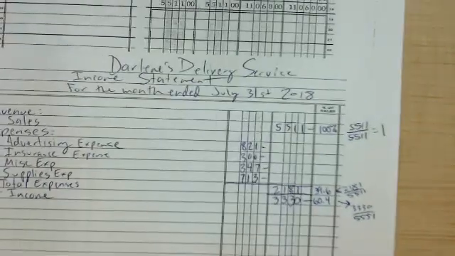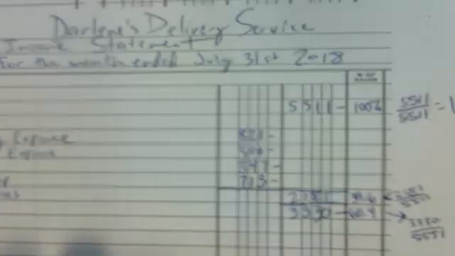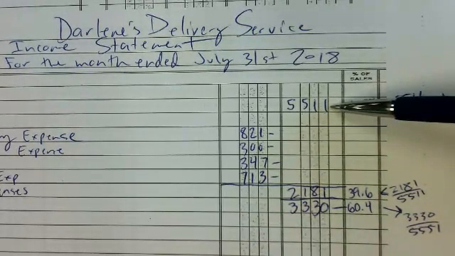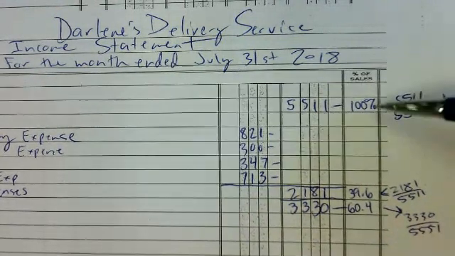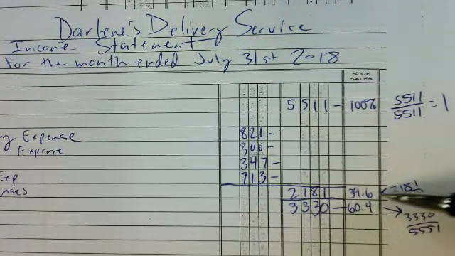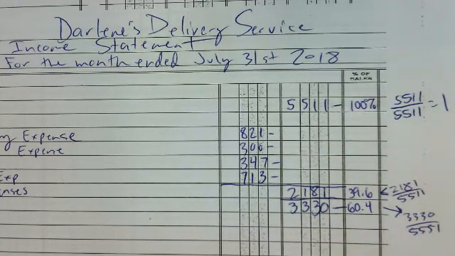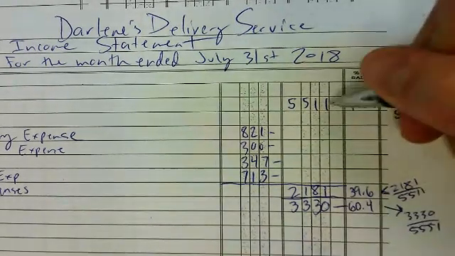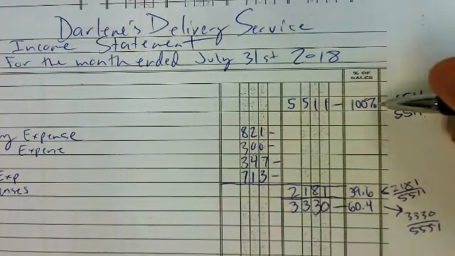So what we have, let me zoom in a little bit. We have this number is these two numbers added up. Therefore, if this is 100%, these two numbers should add up to 100%. So because accountants are the way they are, they would then add these two numbers up and make sure it equals this. It does. And then they would add these two numbers up to make sure it equals this.